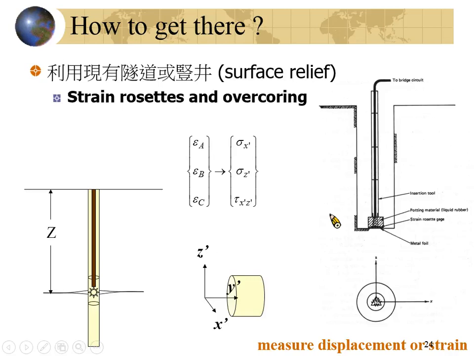So you can try drilling a small borehole. For example, if this is a tunnel wall, I drill a borehole like 50 centimeters, half a meter, and try to use some machine to polish this surface.